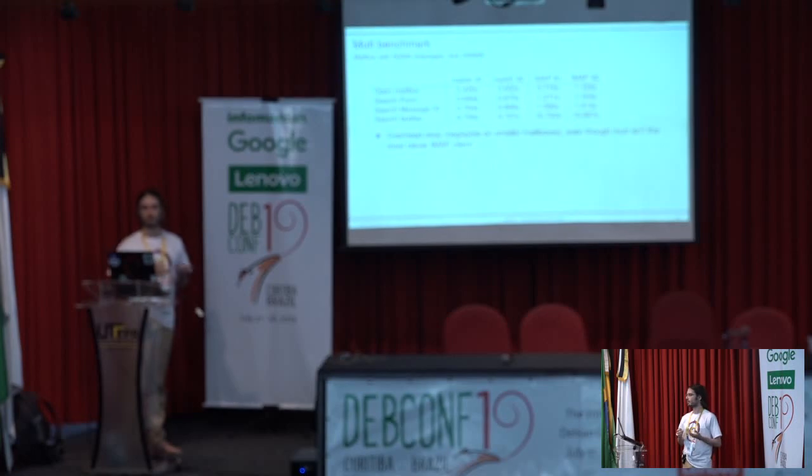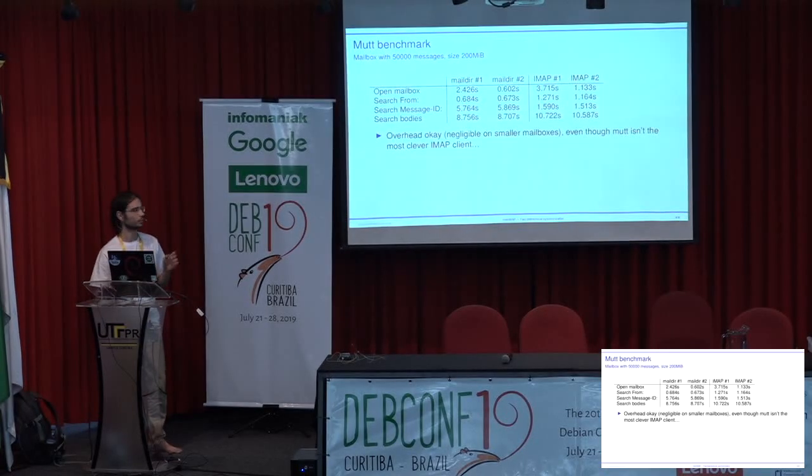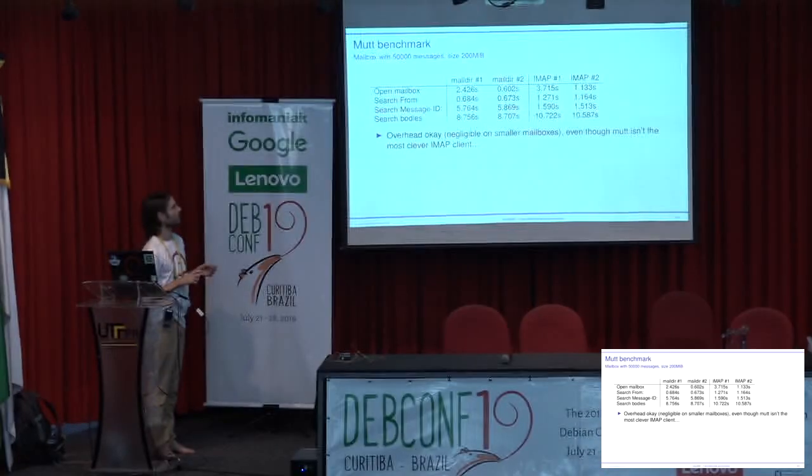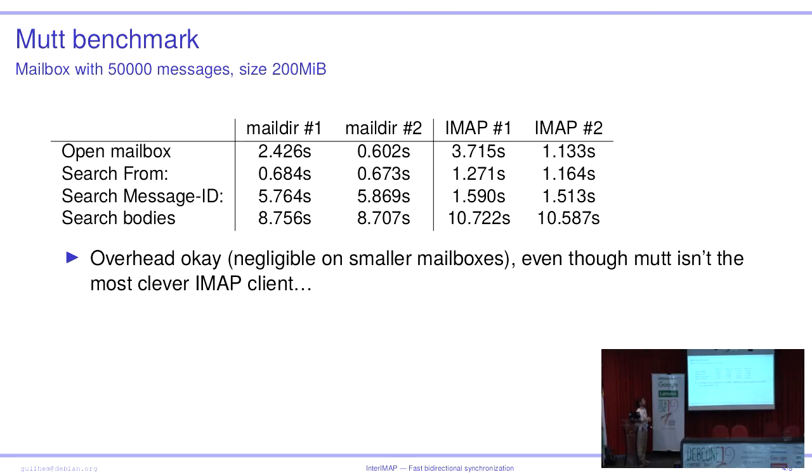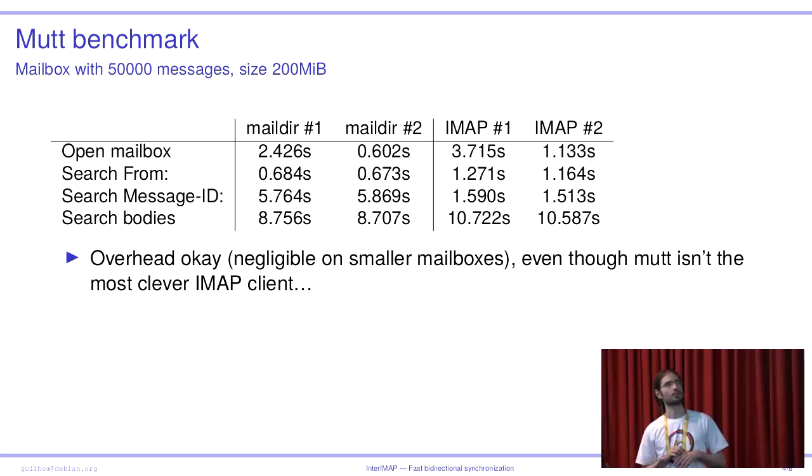So a quick benchmark with Mutt. This is a test benchmark, like 50K mails, mailbox about 200 megs. And I try to open the mailbox and do some searches, first with maildir, and maildir with a header cache on, and then with IMAP. So there is a bit of overhead.